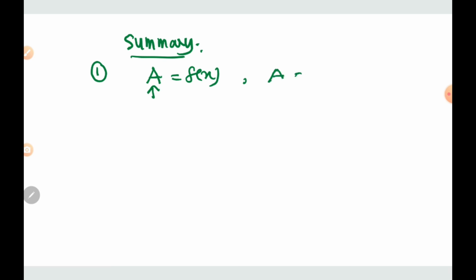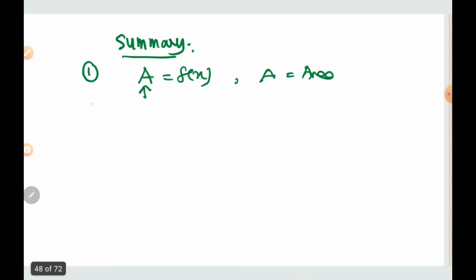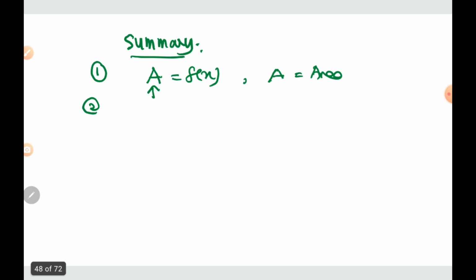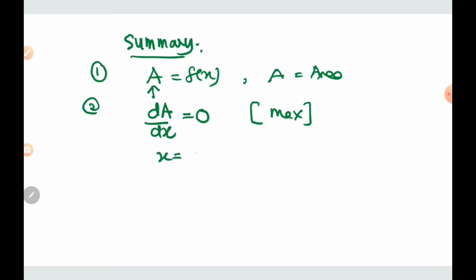And secondly, you need to find the first derivative dA/dx, and you need to equal it to 0 to get the area maximum. Then when you solve, you will get x equals to plus and minus 2. Okay, I only choose 2 here.